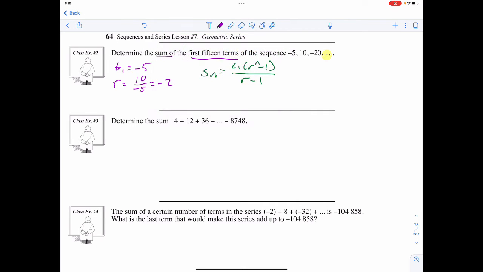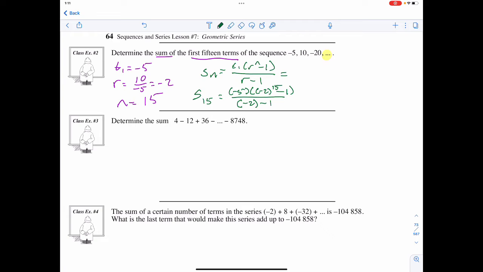And we do know that it says first 15 terms, so my n is going to be 15 when I do it in this formula. I'm going to sub in my values and say that my Sn, or S15, is equal to -5 times (-2 to the power of 15 minus 1), all divided by -2 minus 1.